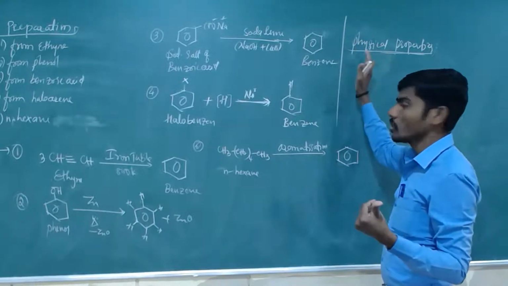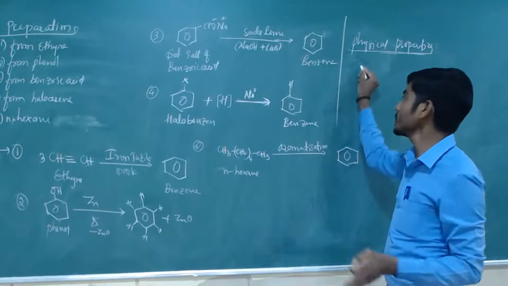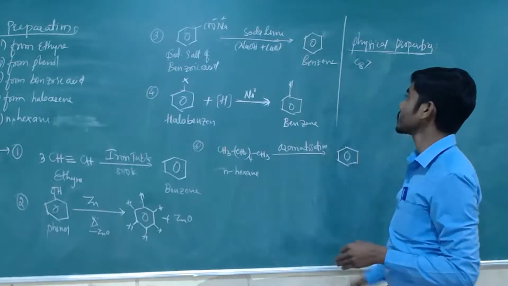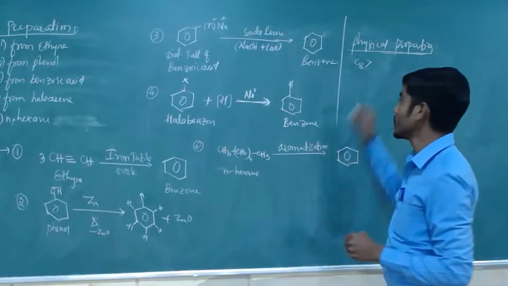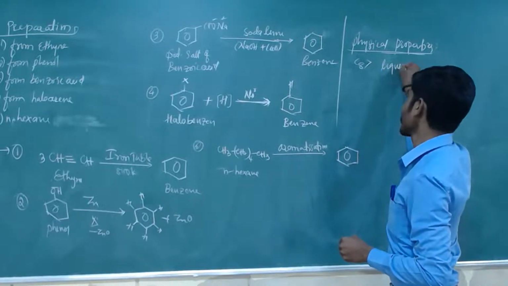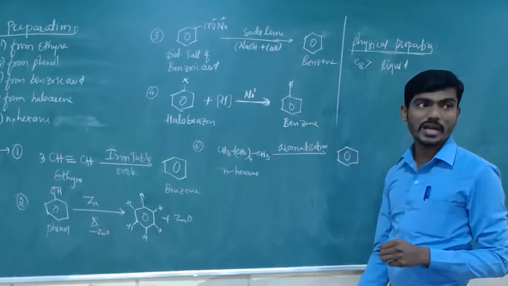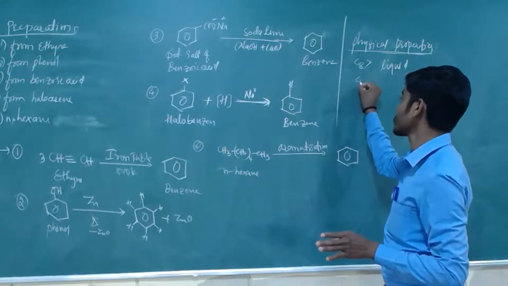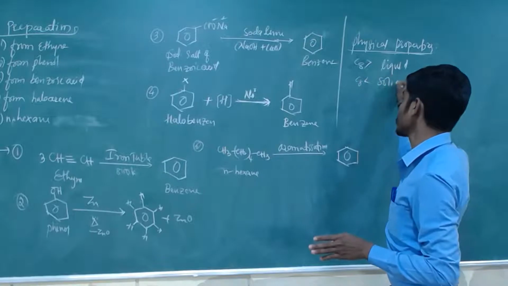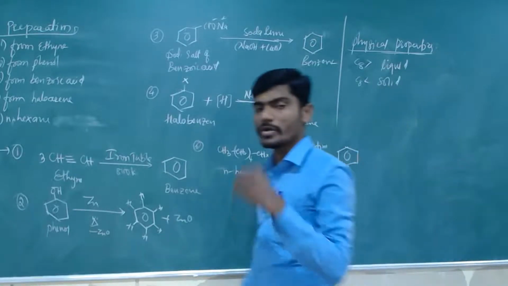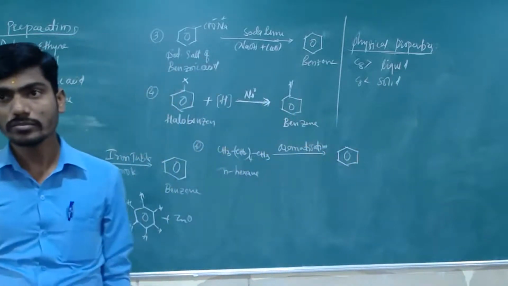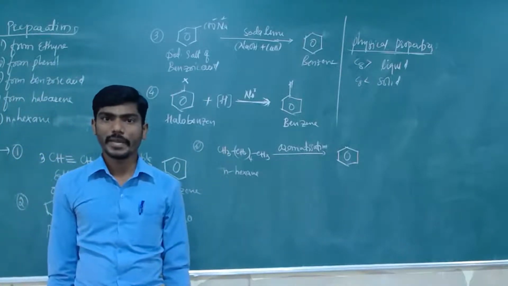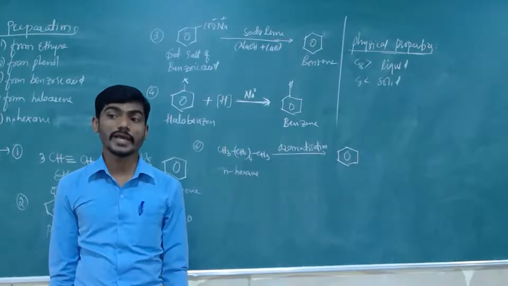So here the lower members, up to a maximum of C8, are liquid, and the remaining, above this, exist in solid state. First point, physical state. What about its solubility? Can you predict solubility? Like dissolves like.